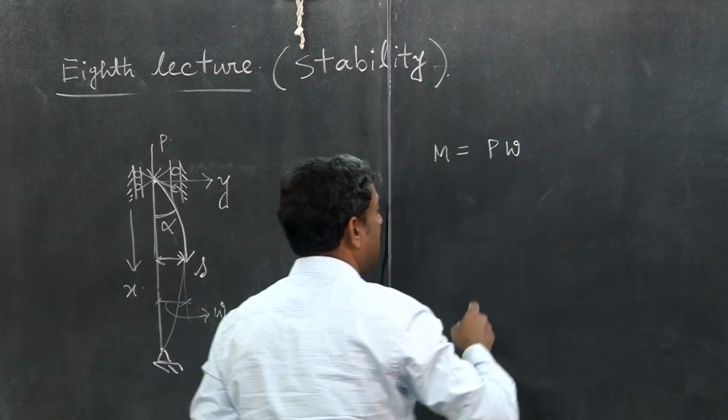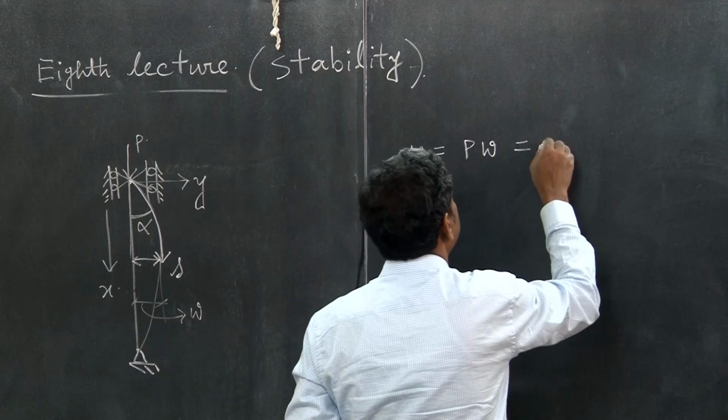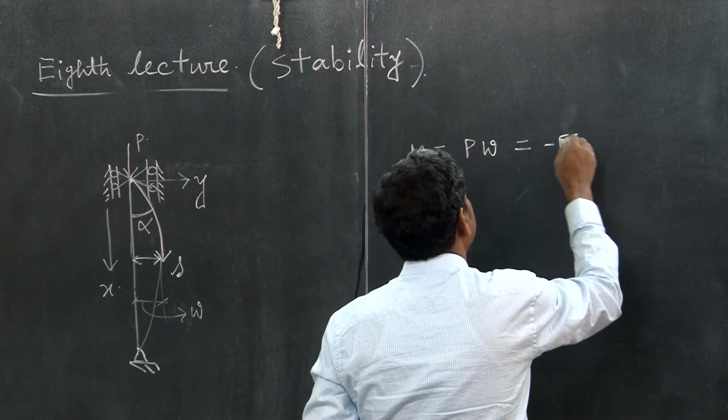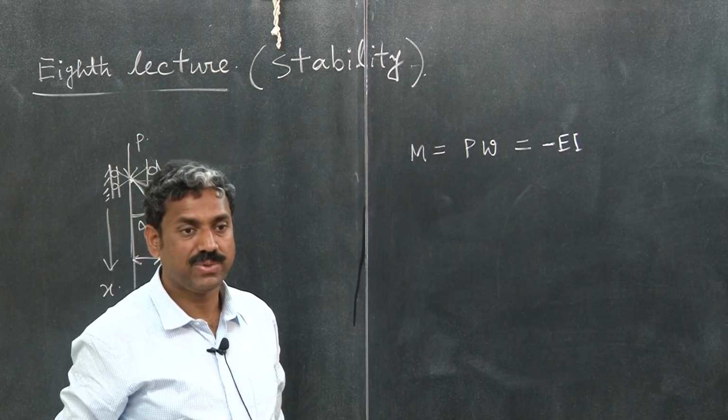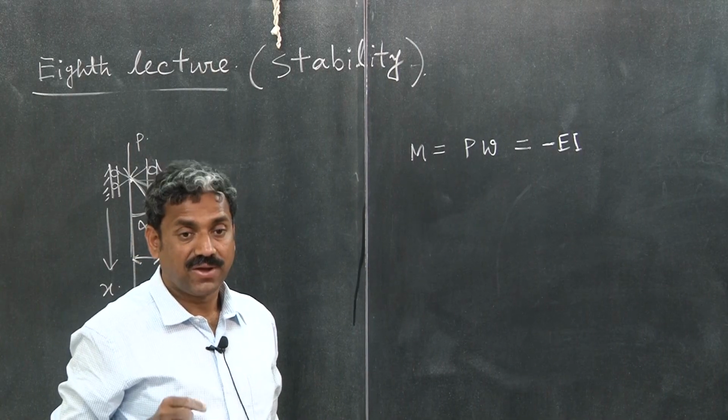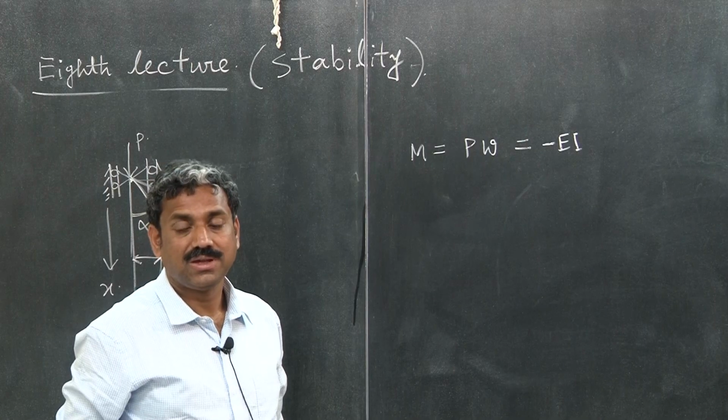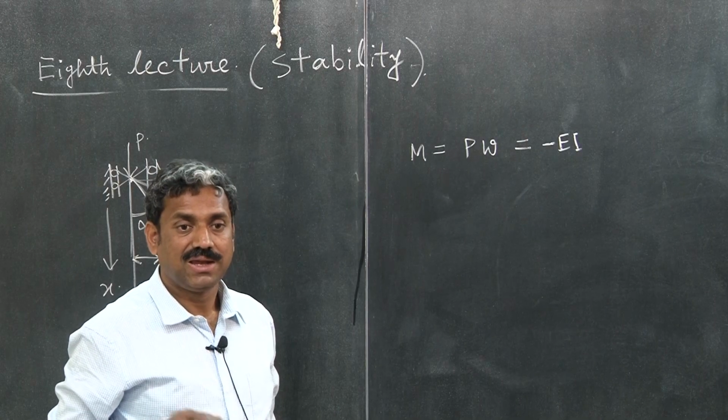Now, we can write that this is nothing but minus EI d2W dx2, but we cannot write d2W dx2 because we are considering finite deformation of the column. So, instead of d2W dx2, we write d theta by ds.